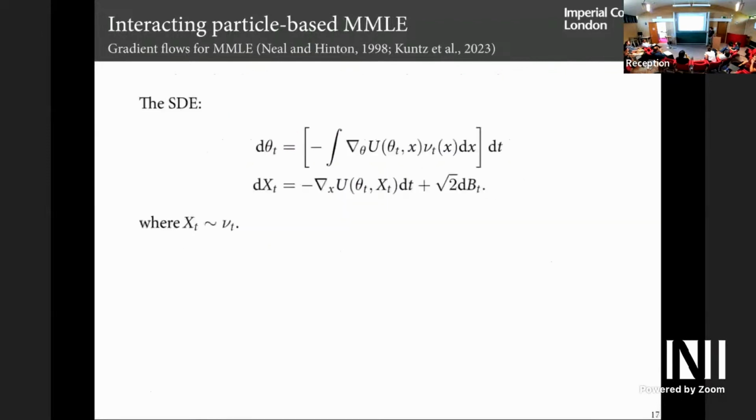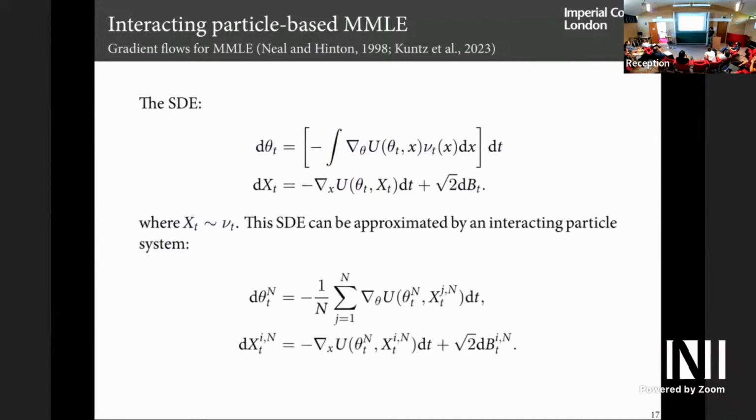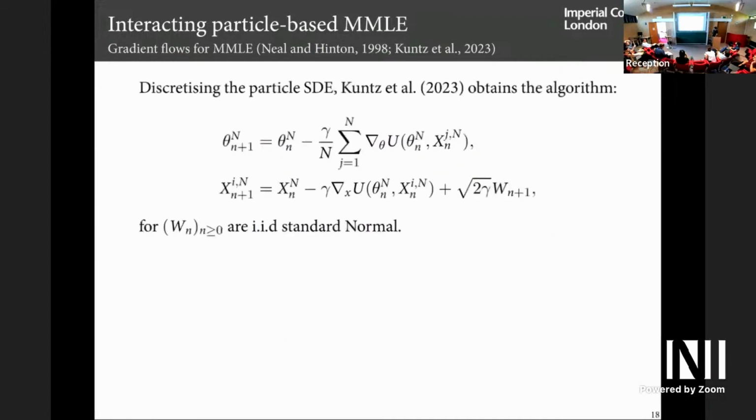What you do for this is propose this SDE. So you're running n copies of this diffusion, and your gradient, instead of an integral, is an empirical distribution given by these particles, and you do gradient descent on this: the gradient flow in this particle system. Okay, so this is what he proposed.